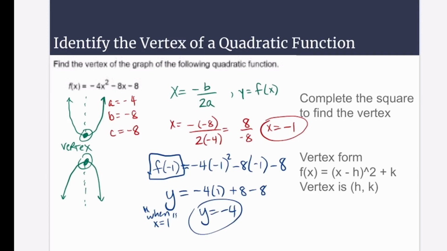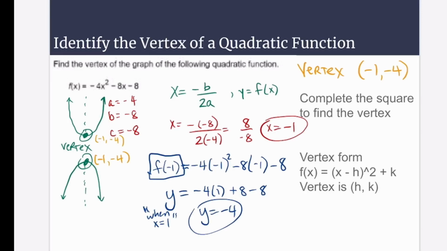So now that we have our x and our y, our vertex is going to be written as negative 1 comma negative 4. That's our point. So that would be our turning point. Whether it goes up or down, whether we have a positive or a negative face, smile, that's how we would identify our vertex.